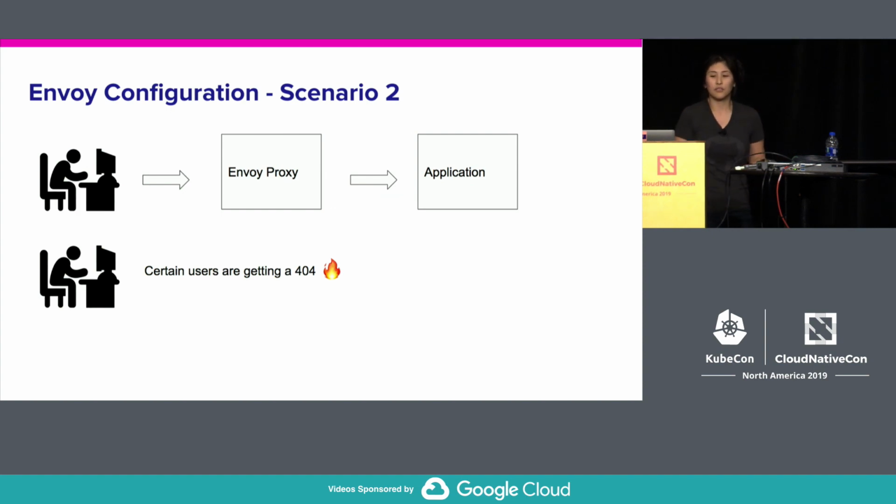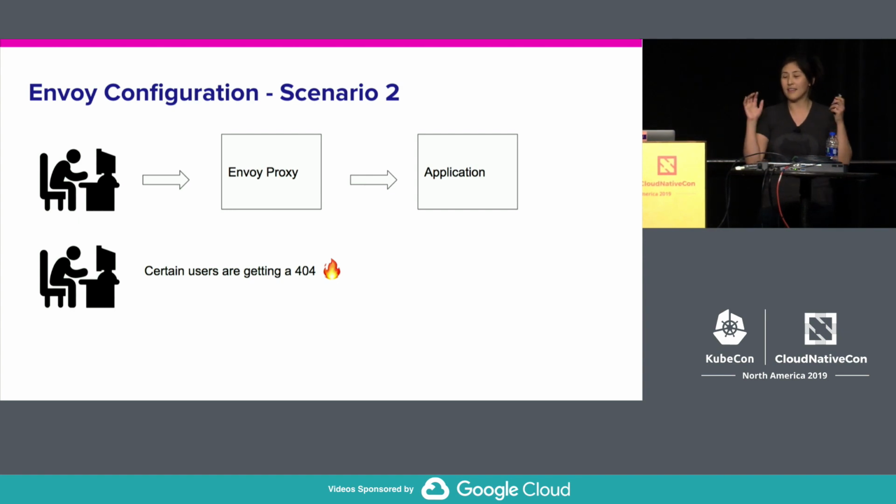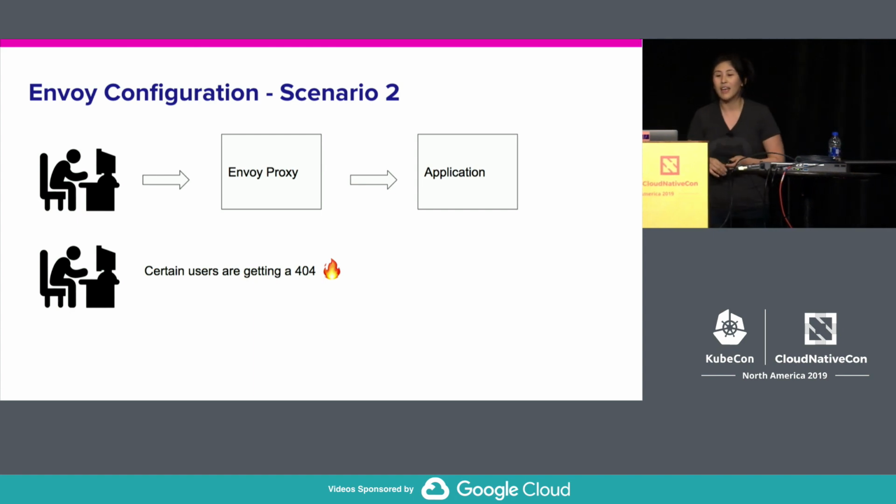So let's go to a different scenario. This one affects real users. Let's say you're actually running Envoy in production, and in this case, there's an edge proxy that your customers go through before reaching the application. And you notice that certain users are getting 404s, and you get a customer report about it.